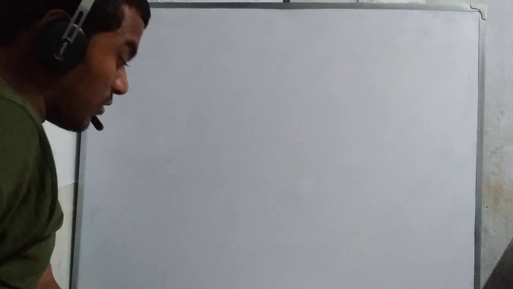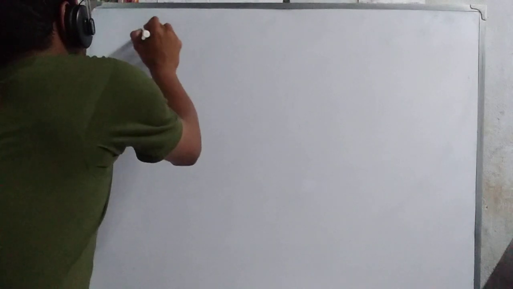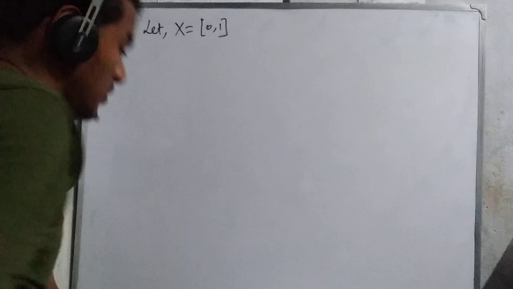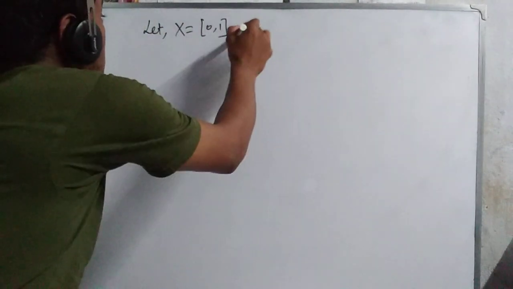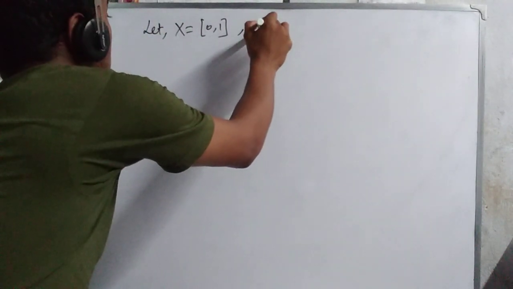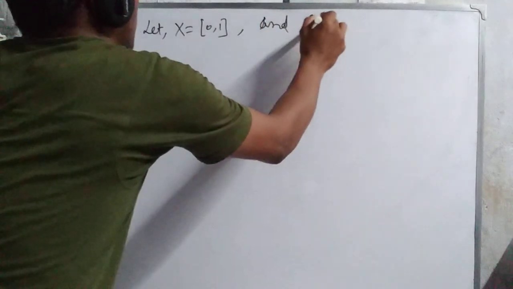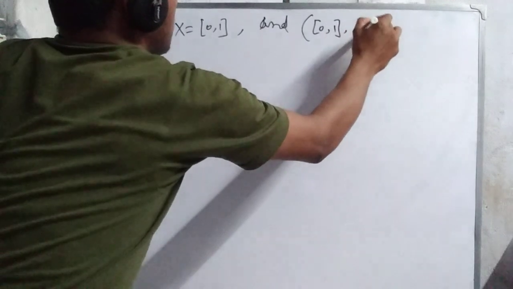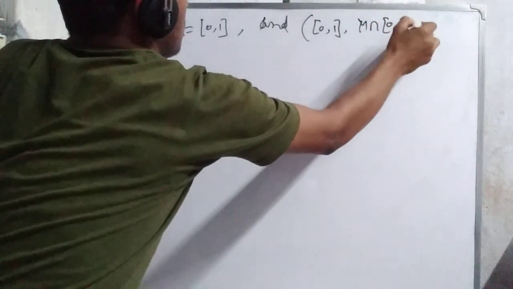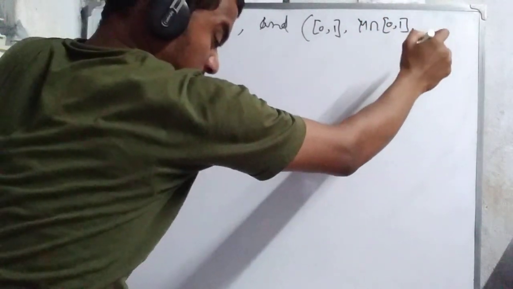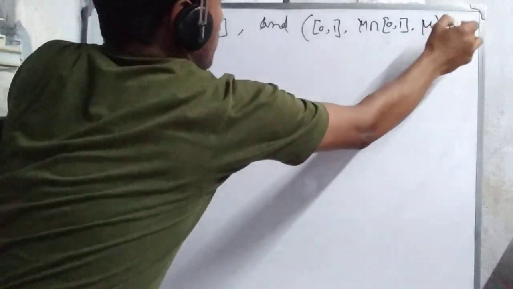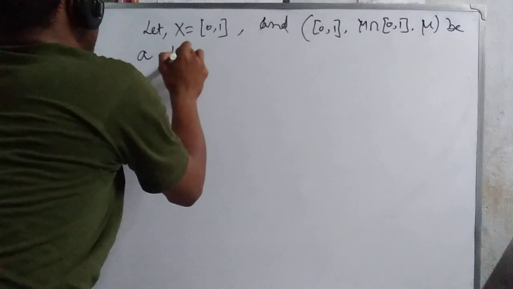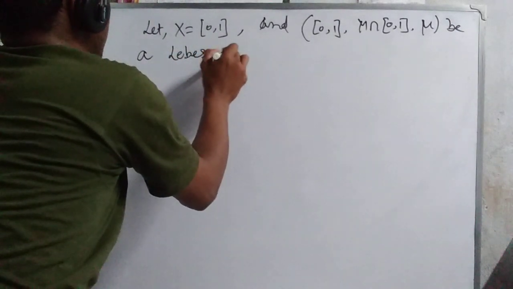We write it now. Same, let X equal to closed 0 1, and the Lebesgue measure mu be on the Lebesgue measurable space.